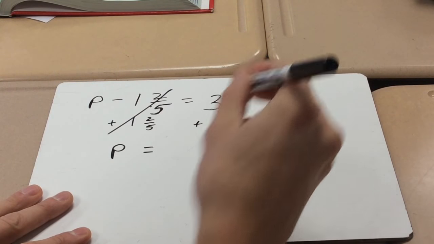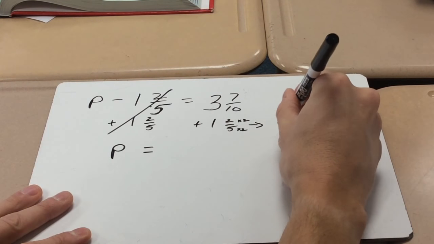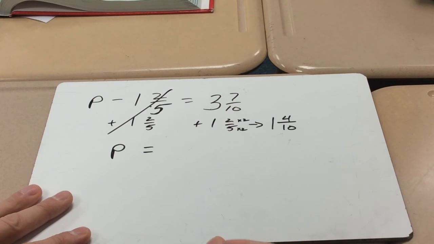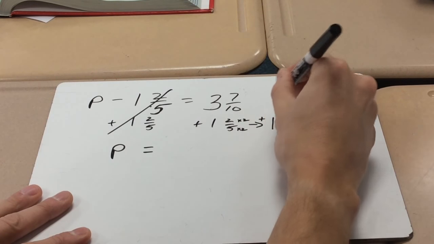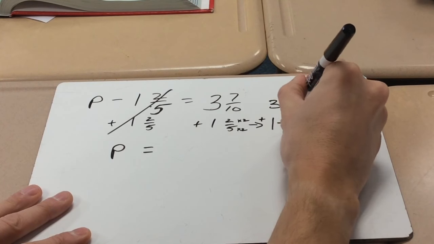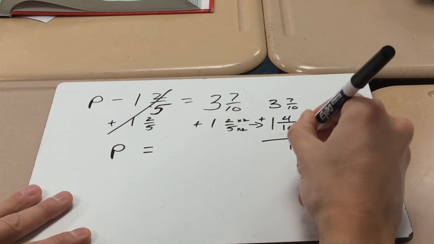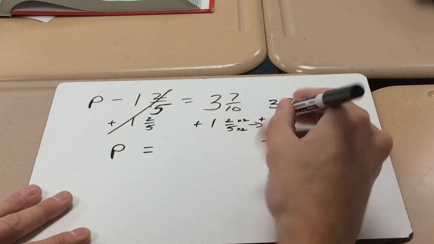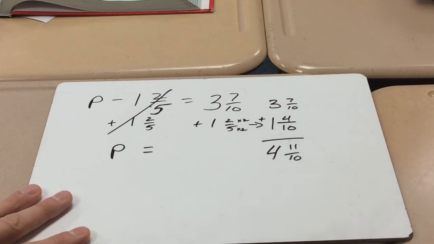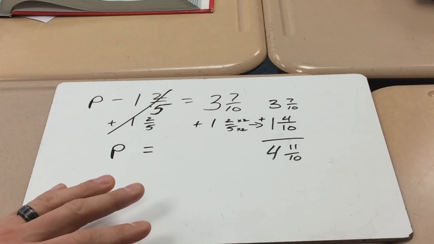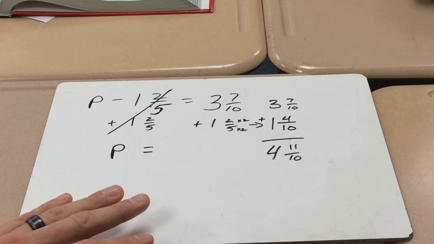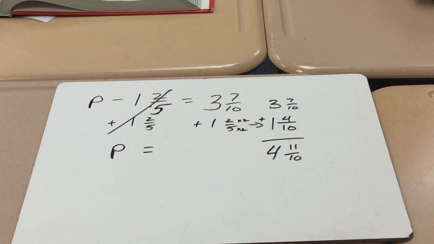Multiply both sides by 2, so I get 4/10, 1 4/10, and because I'm adding, I can do that. Now, 7 plus 4 is 11. I keep my same denominator. I add my whole numbers, but I am not done because I have a numerator that is bigger than my denominator.